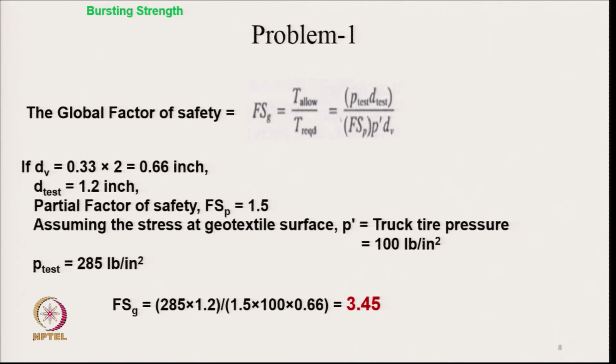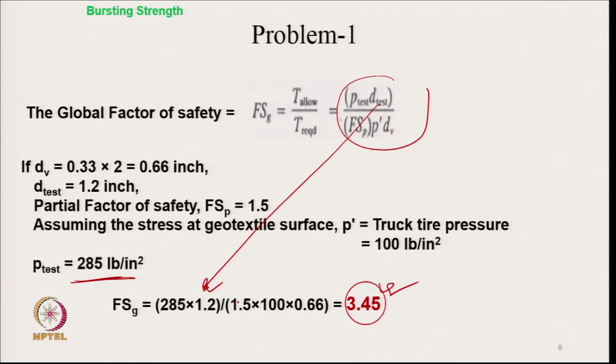We will get the value 3.45 as the global factor of safety, because P test is given 285, 285 multiplied by 1.2 inch, 1.5 is the partial factor of safety, 100 psi is the tire pressure, and 0.66 is the dV, void diameter.